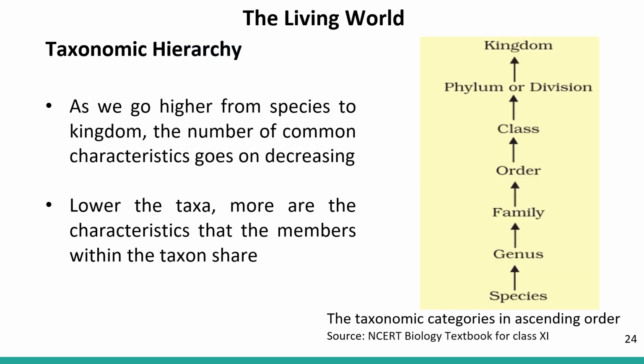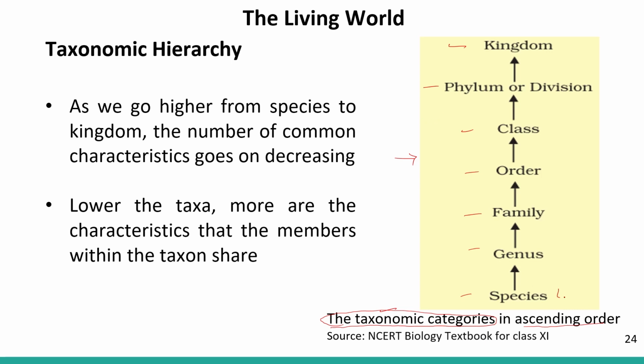Now, taxonomic hierarchy again. So this is the diagram showing the taxonomic hierarchy. These are the broad taxonomic categories: kingdom, phylum, class, order, family, genus and species. These are the taxonomic categories which are stepwise arranged. Here they are arranged in ascending order from lower to higher.